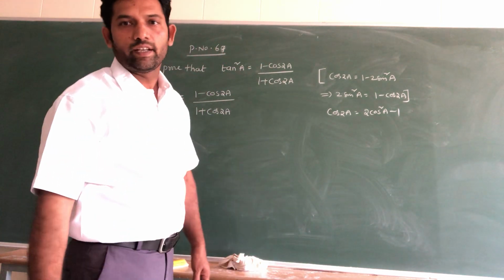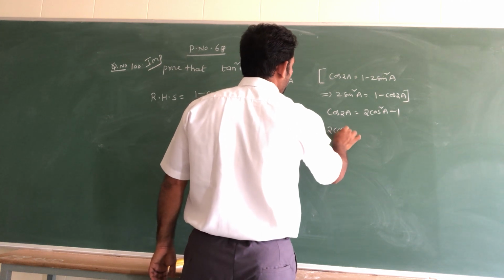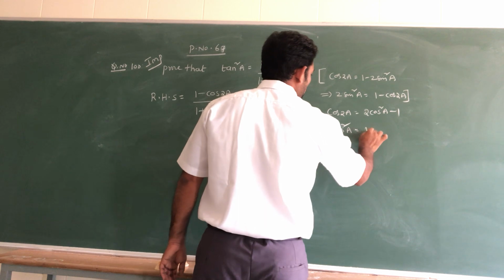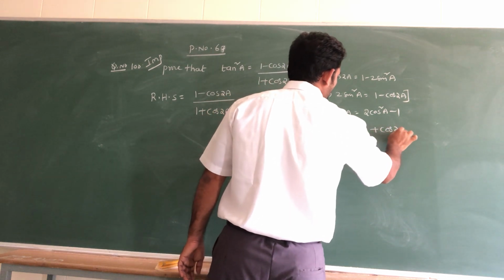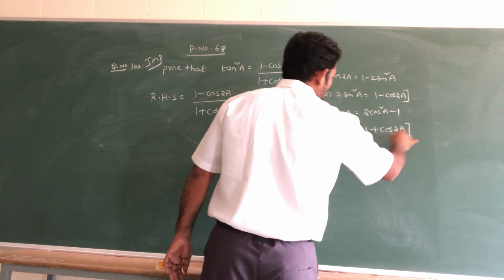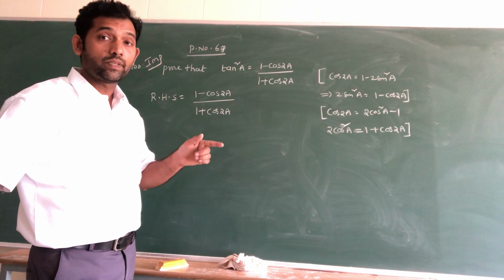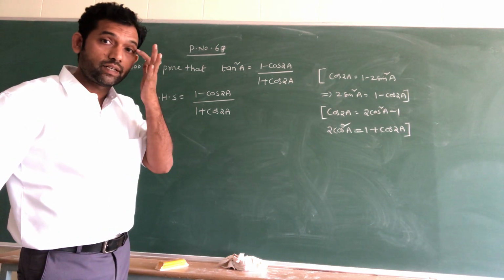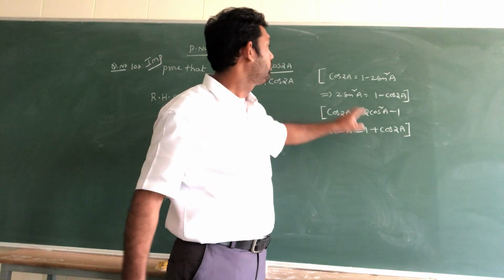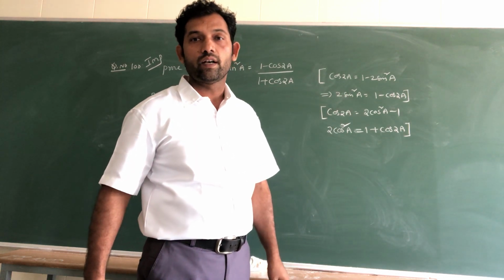Here also 2 cos square a is equal to 1 plus cos 2a. From that result we are getting the 1 plus cos 2a value.